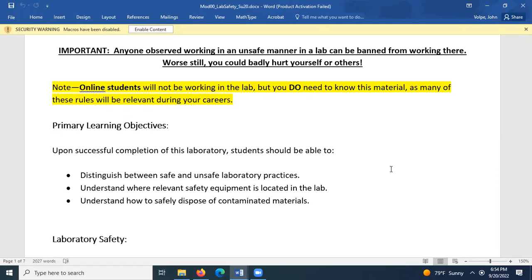And for the online lab, really all you need to know is what laboratory safety equipment is located in the lab. You don't need to know where it is because we're not going to go into the lab. Understand how to safely dispose of contaminated materials.